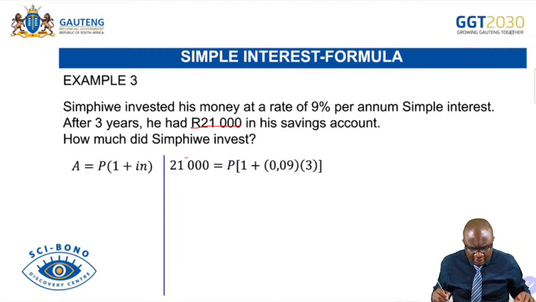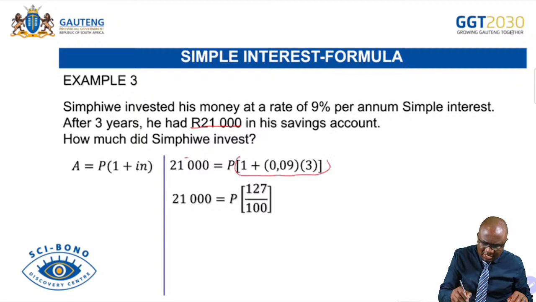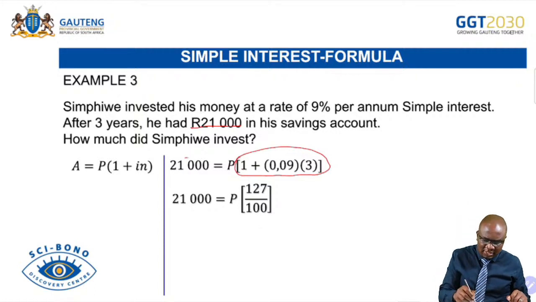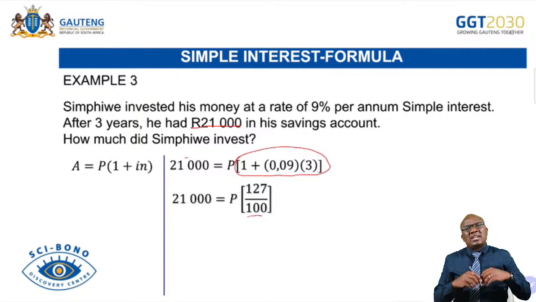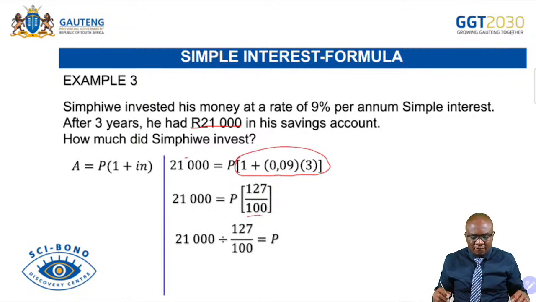Right, and then we substitute this whole thing. I just put this in the calculator, and it gave me 127 over 100. I explained why I leave my answers as fractions, because I don't want to write long decimals. If I'm using decimals, I have to write everything. Right, and then we divide both sides by 127 over 100.